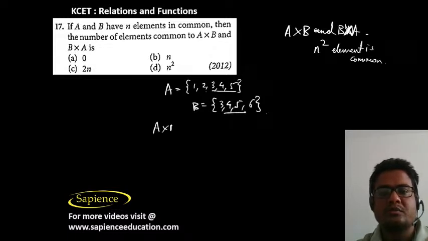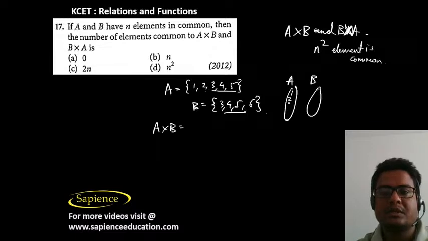So A cross B will have 5 times 4, that is 20 elements. So 3, 4 and 5 will also be related to each other, like 3 can be related to 3, or 3 can be related to 5.